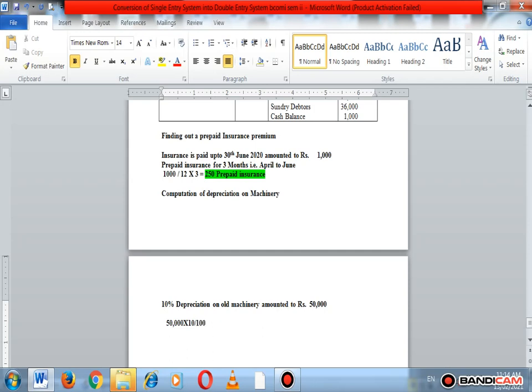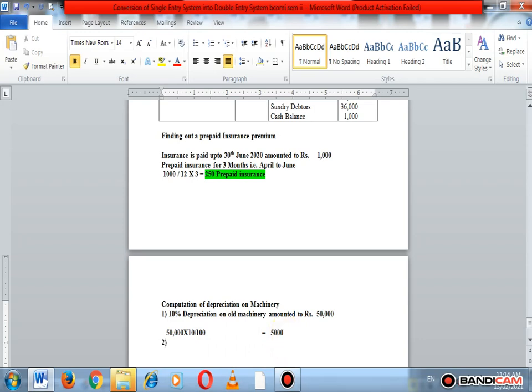We get the amount of depreciation that is equal to 5,000. Okay, so this is our first point of working note: 50,000, 10%, 5,000.